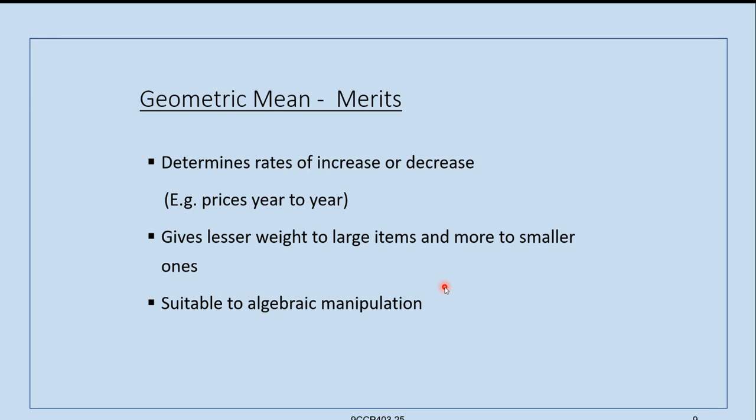For example, prices year to year, we can calculate the rate in percentages like that. It gives lesser weight to large items and more to smaller ones. If the number is very small, then it has more importance in the geometric mean. If it is a large number, there is no importance because that does not have any effect on the data. It is also suitable for algebraic manipulation.